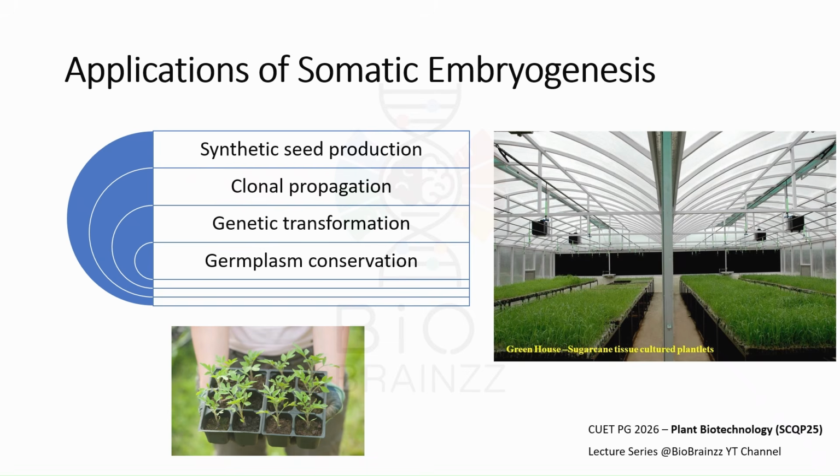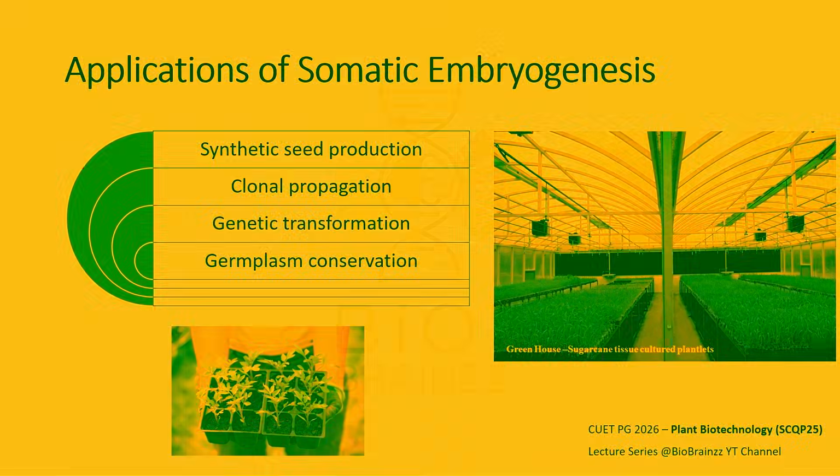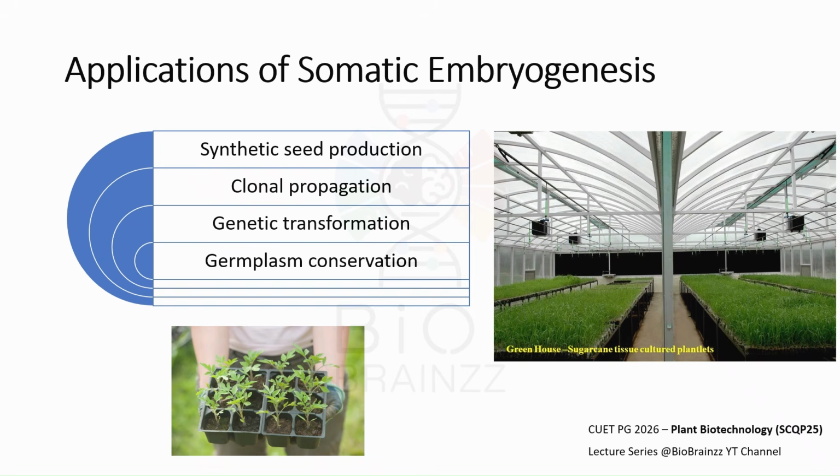It is valuable in genetic transformation experiments because embryos can regenerate efficiently into whole plants. It also contributes to germplasm conservation. CUET-PG may ask which regeneration pathway is associated with synthetic seed. The answer is somatic embryogenesis.